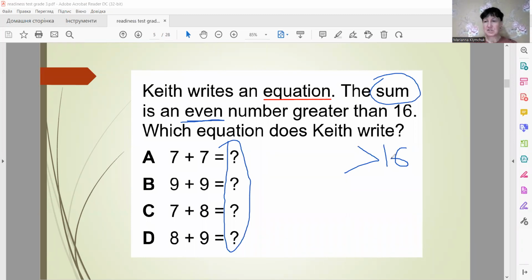What do we do here? We just check every equation and see. Does it fit our conditions? We need an even number. It should be greater than 16. By the way, all these words are highlighted in the quiz.